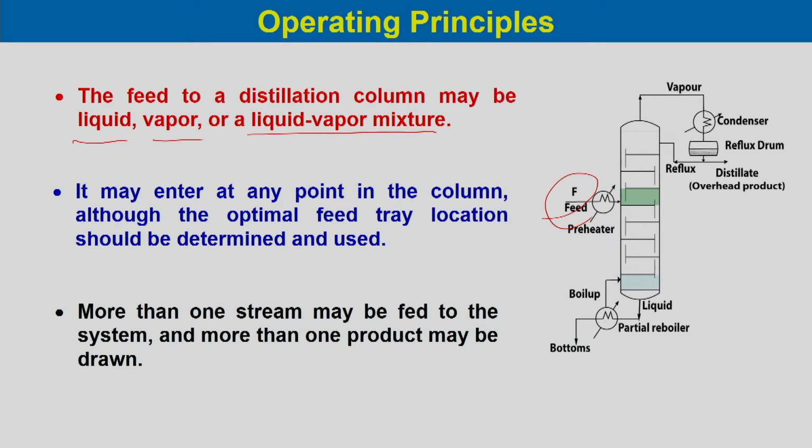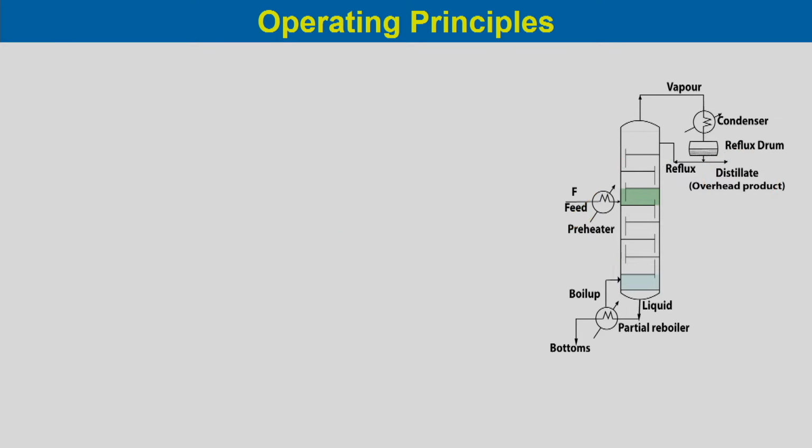More than one stream may be fed to the system and more than one product may be drawn. So, instead of a single feed, you can have multiple feed trays into the column, and also instead of taking product only at the top, you can have different stage cuts at different locations. So, you can feed at multiple points, and you can also withdraw product at multiple points throughout the tower.